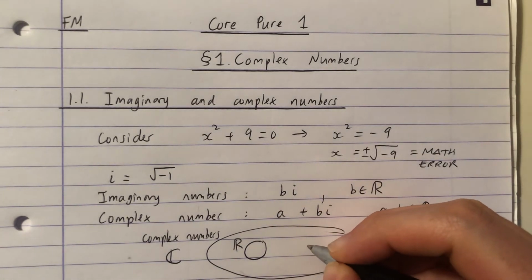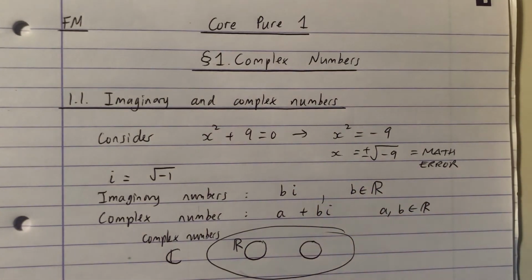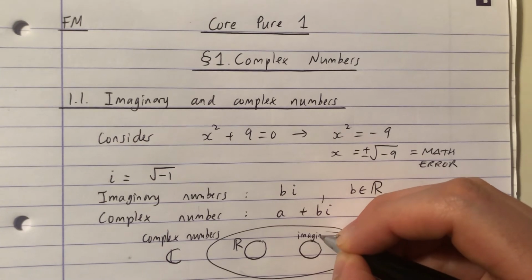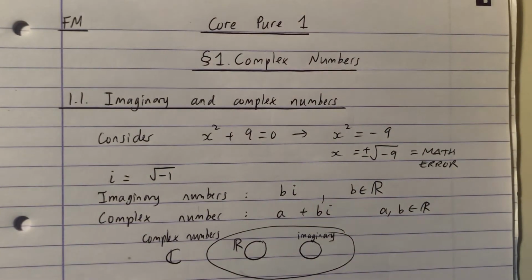And there would be another circle then, which would be the imaginary numbers. Now there's no symbol to represent the imaginary numbers, so I'm just going to call it imaginary. And that would be numbers like 3i, i itself, root 7i, so on.